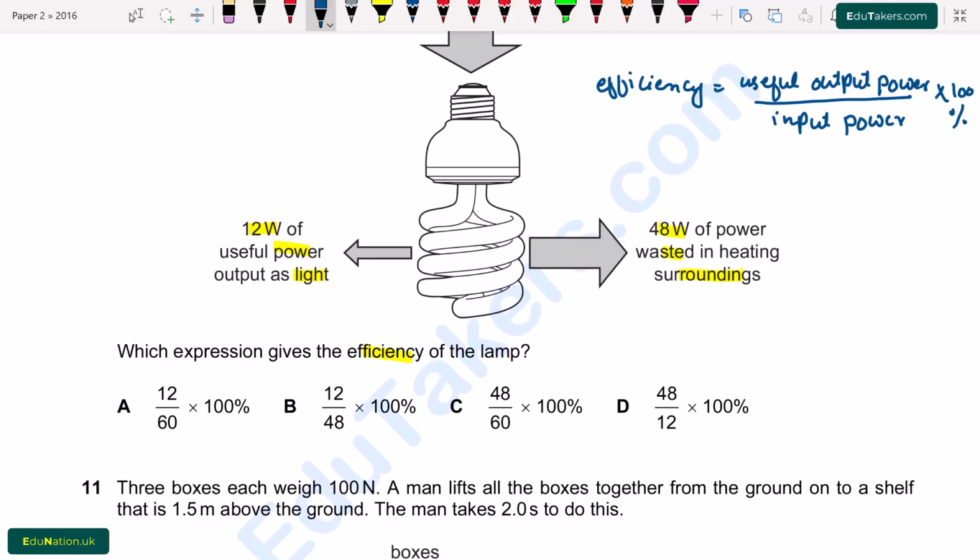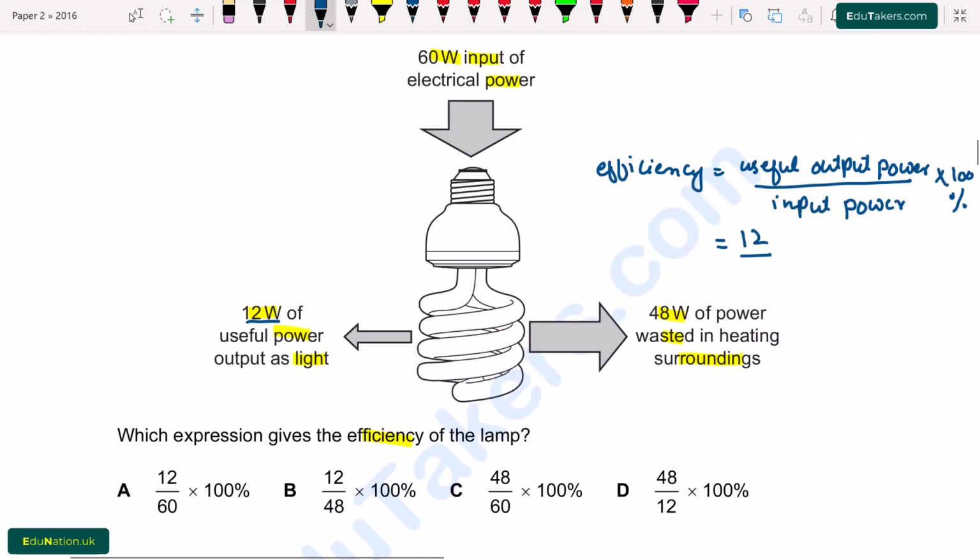Useful output power is given, which is 12 watt. So I write here 12 divided by input power. Here input power is 60 watt. So I write here 60 multiplied by 100%. Now we see the options. Option A, 12 over 60 multiplied by 100%. So A option is correct from here.